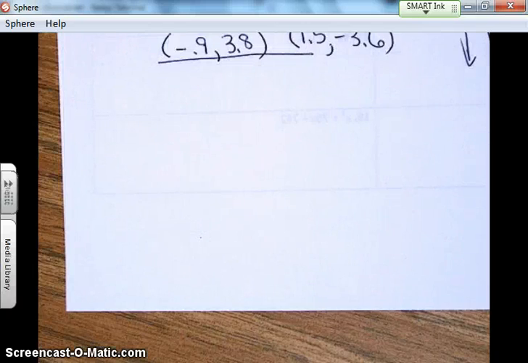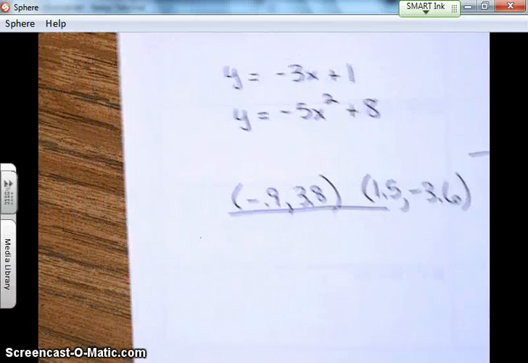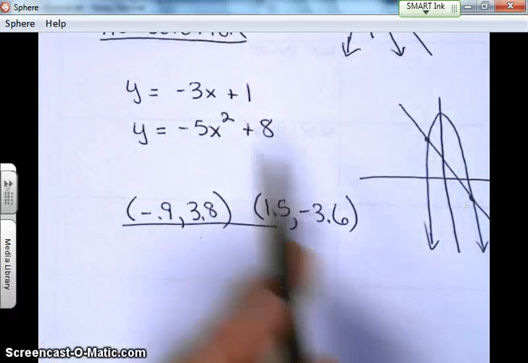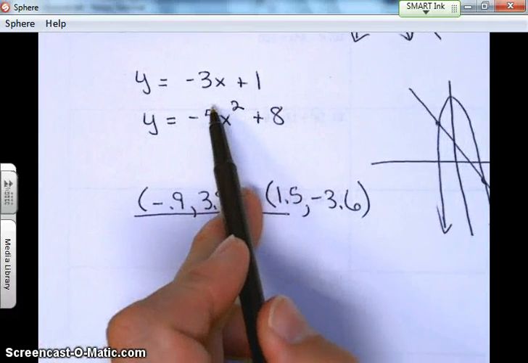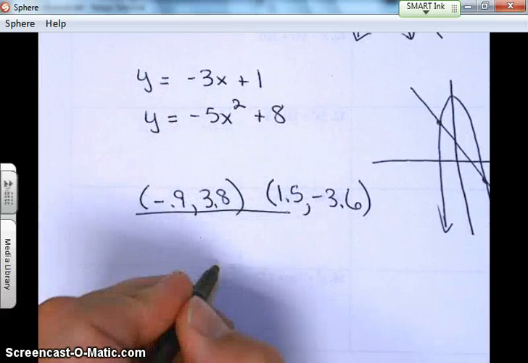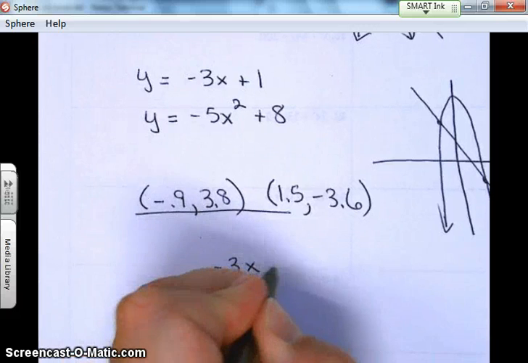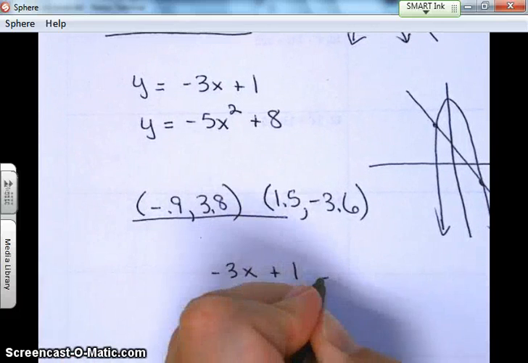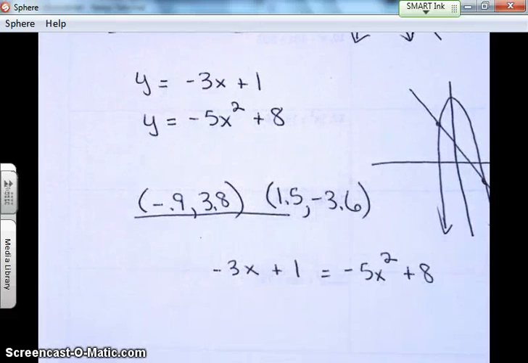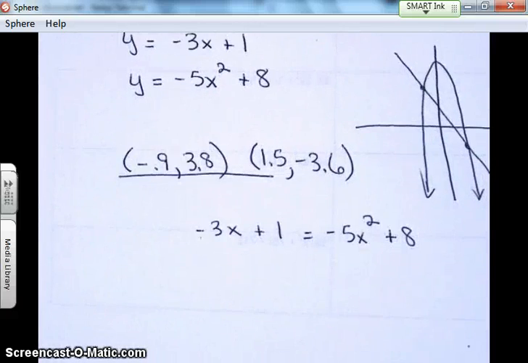Okay, so then not only will you have to solve a system graphically, you will also have to solve the system algebraically. So don't forget that when they're both in y equals, you set the two equations equal to each other, and then you have to solve.